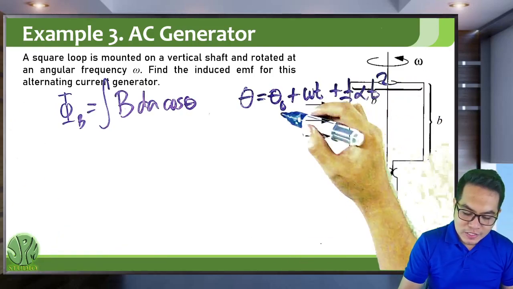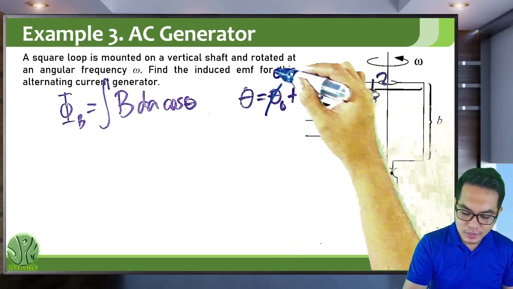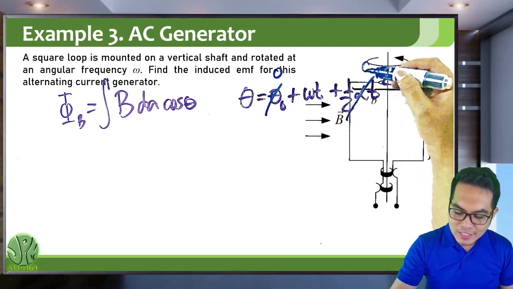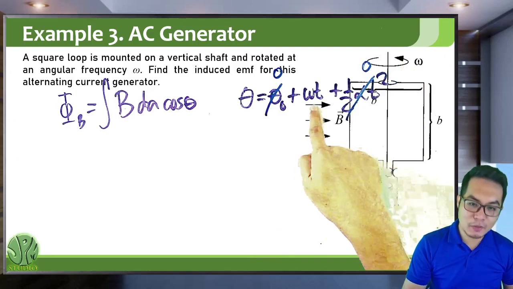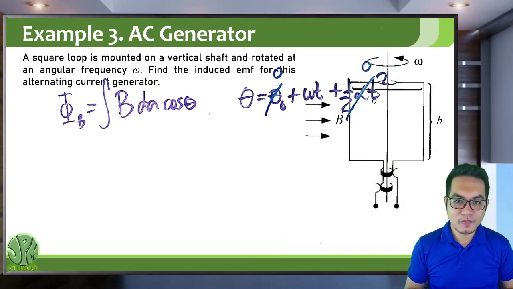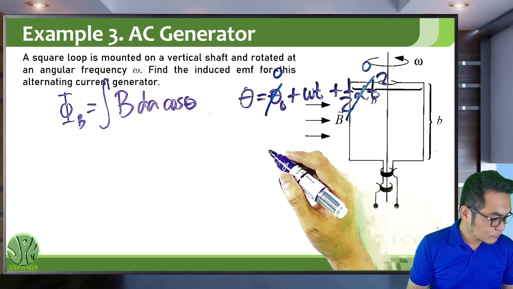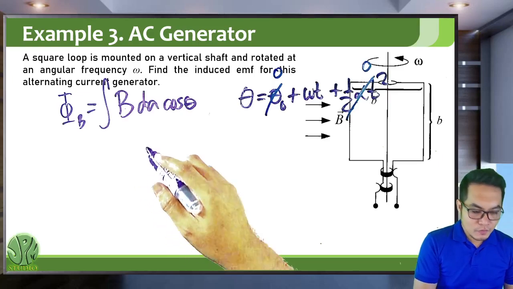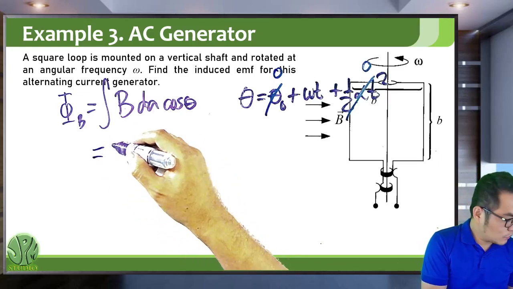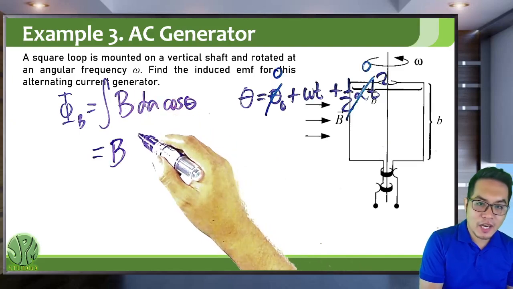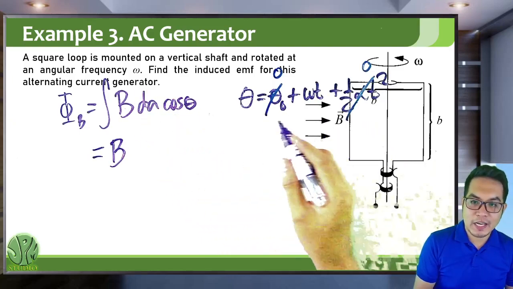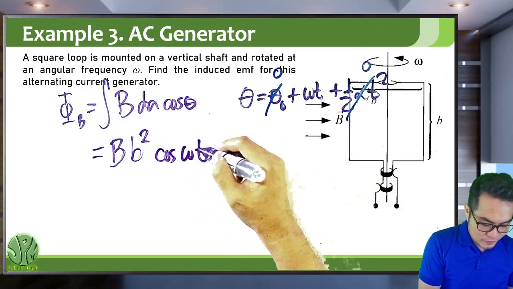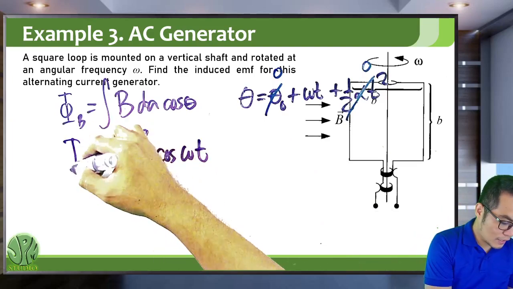If we assume that the initial angular position is 0, and that it's moving at a constant angular velocity, meaning there's no angular acceleration, then theta is just equal to ωt. So this will reduce to B times the total area, which for a square loop with side b is b², times cosine ωt. So this is our flux.